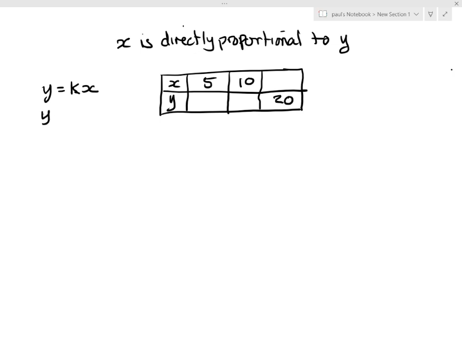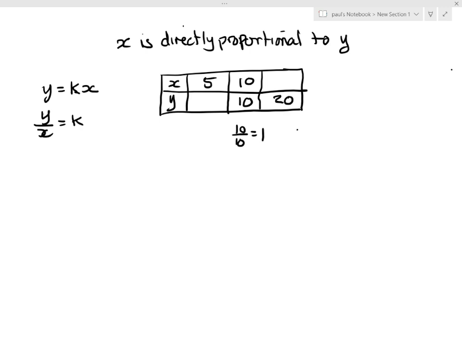So we go y over x equals the constant. We'll fill one of them in because we don't know the y and the x yet. So let's fill that one in as, say, 10. And then we've got two missing bits. So 10 divided by 10 equals 1.